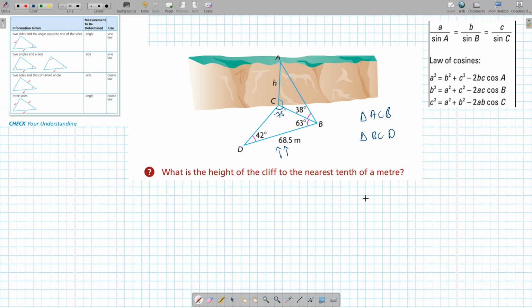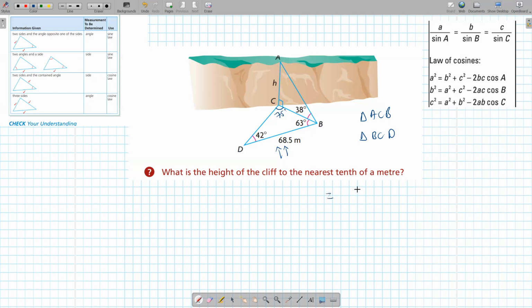How do we set this up? You use sine law? Correct. So what's the setup? Again, we're trying to find CB.